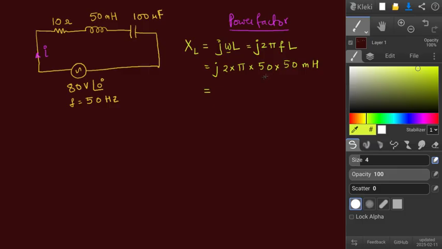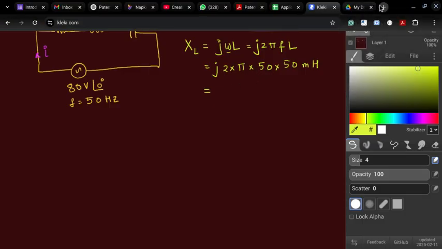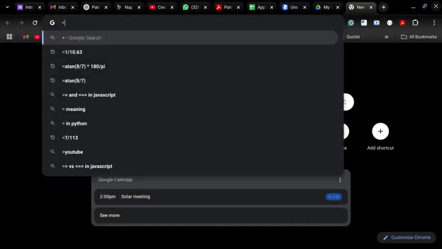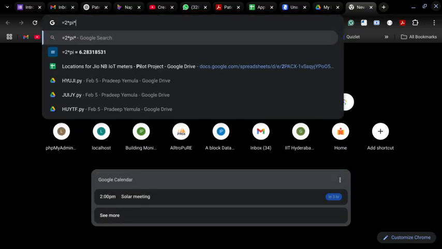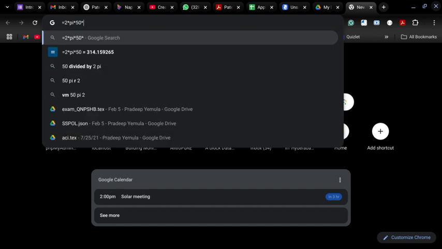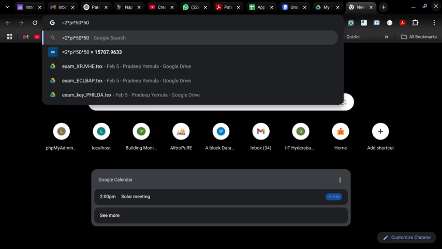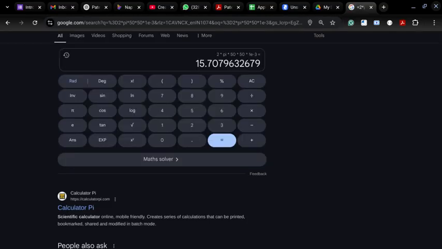So what is this? 2 multiplied by pi multiplied by 50, into 1e minus 3, because milli means you have to convert to 10 to the power minus 3.